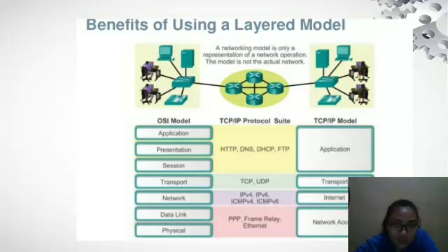Benefits of using a layered model. A network model is only a representation of a network operation. The model is not the actual network. You have seen the OSI model, also the TCP/IP model and its TCP/IP protocol suite.